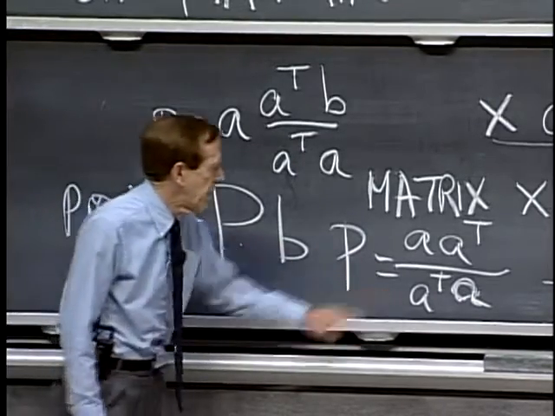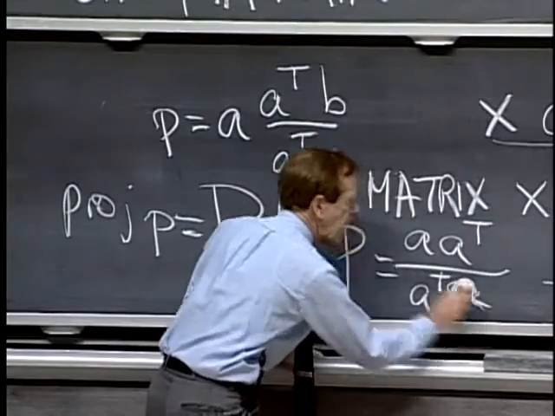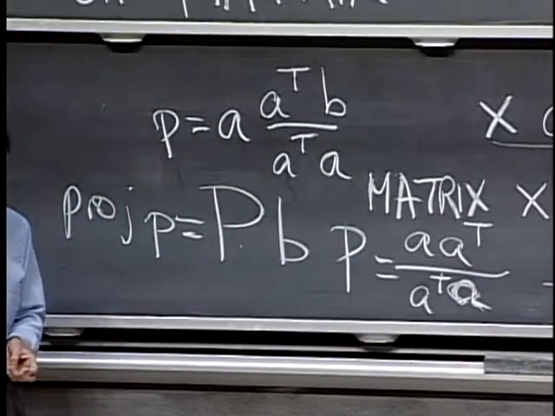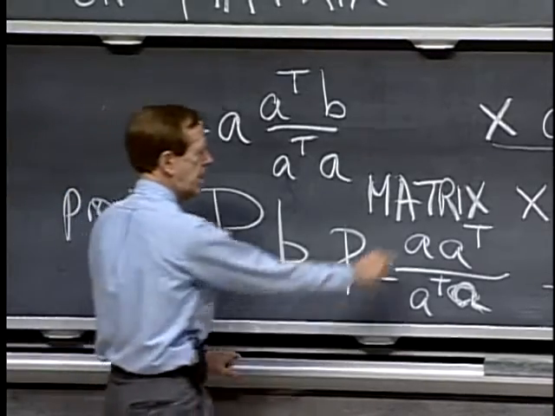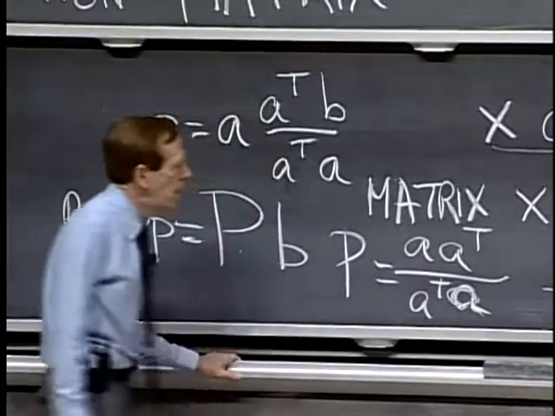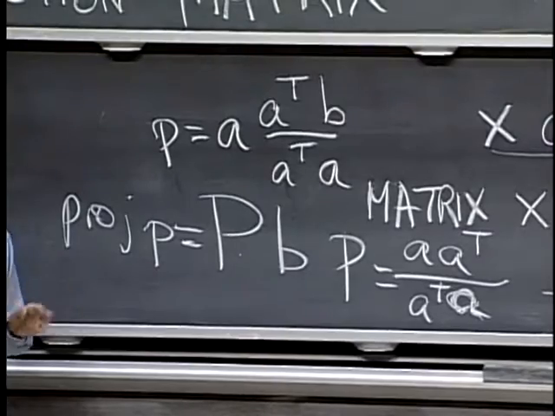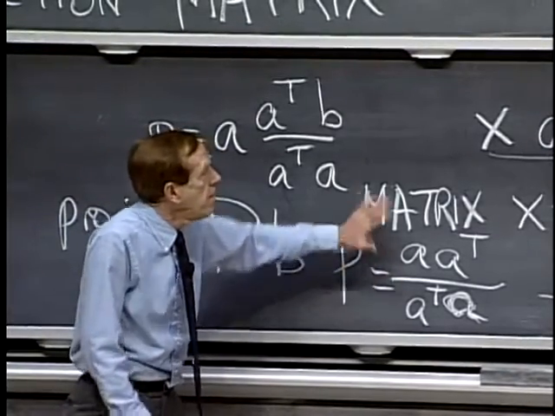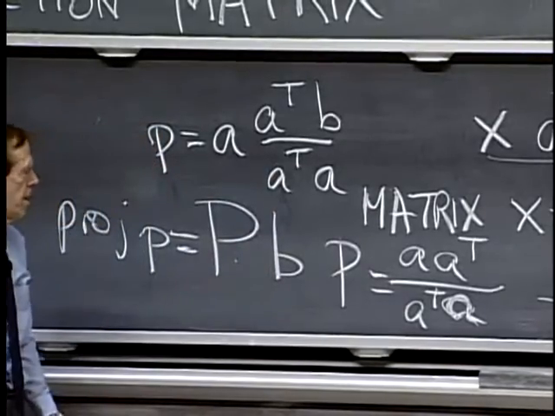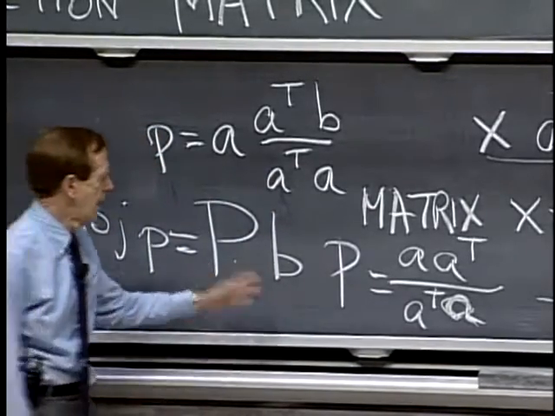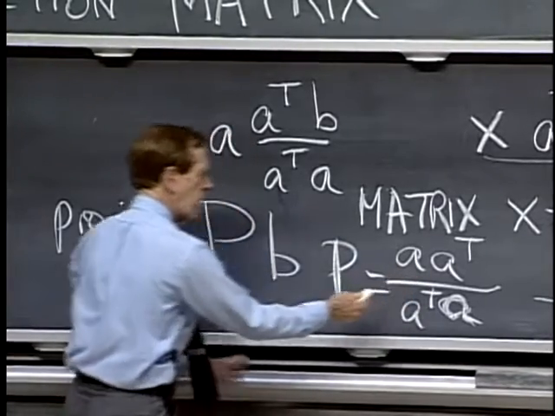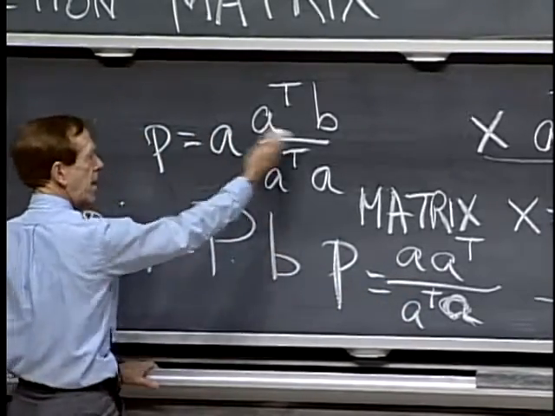That's a matrix, because down here, the A transpose A, that's just a number. A transpose A, that's the length of A squared. And up above is a column times a row. Column times a row is a matrix. So this is a full-scale n by n matrix if I'm in n dimensions. And it's kind of an interesting one. And it's the one which, if I multiply by B, then I get this.